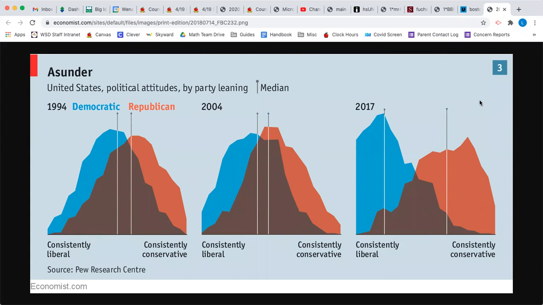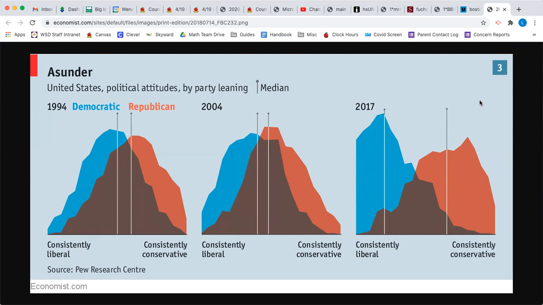As you can see, the Democratic and Republican parties were quite close to each other, and there's actually an enormous amount of overlap between the two parties in 1994 and 2004. There was very little difference between the median Republican and the median Democrat in those years. It wasn't even appropriate to label the parties really liberal and conservative, considering how similar their voter profiles looked at this time.